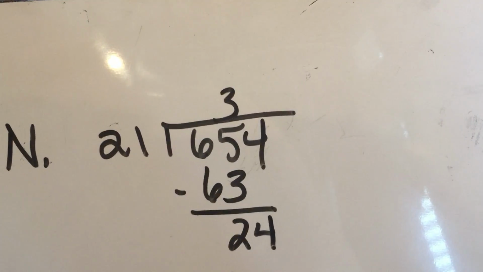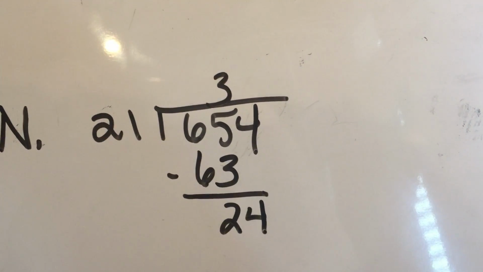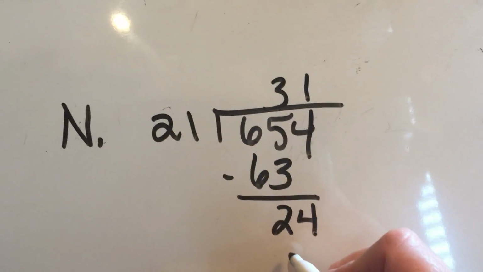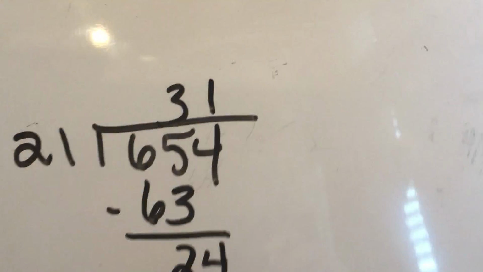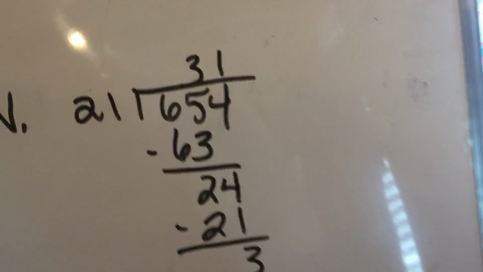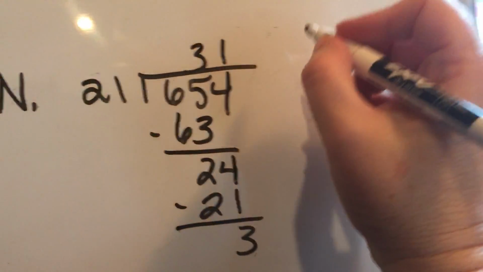When you subtract, you're going to get 24. 21 goes into 24 one time. 1 times 21 is 21. You're going to get a remainder of 3. 31 remainder 3.